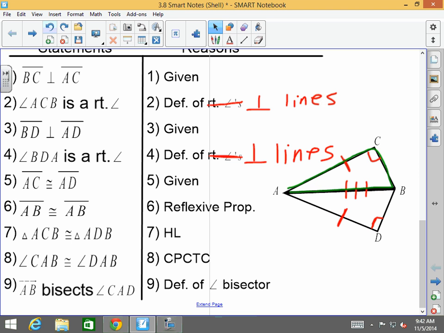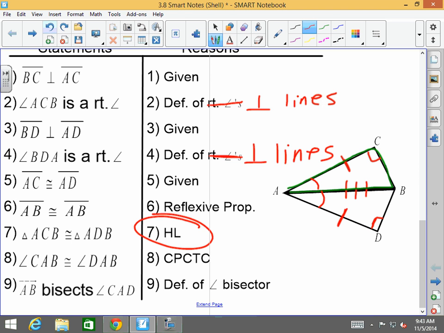Now that they're congruent, I can say angle CAB is congruent to angle DAB because of CPCTC. But you can't go forward and say, oh yeah, now let's do side angle side. You had to prove that they were congruent first because of HL. Then you could prove that this angle is congruent to that angle. Are you with me, my man?